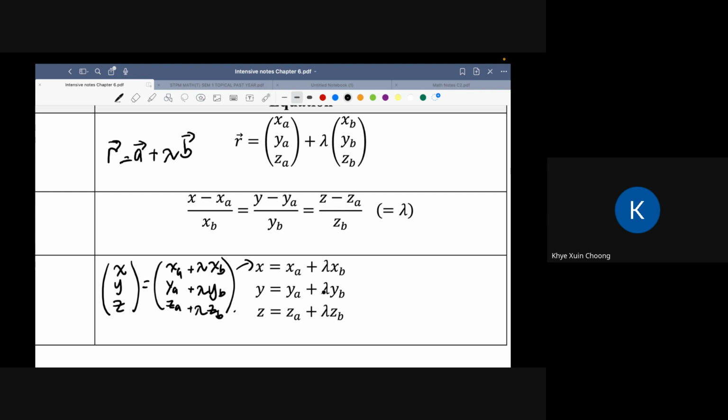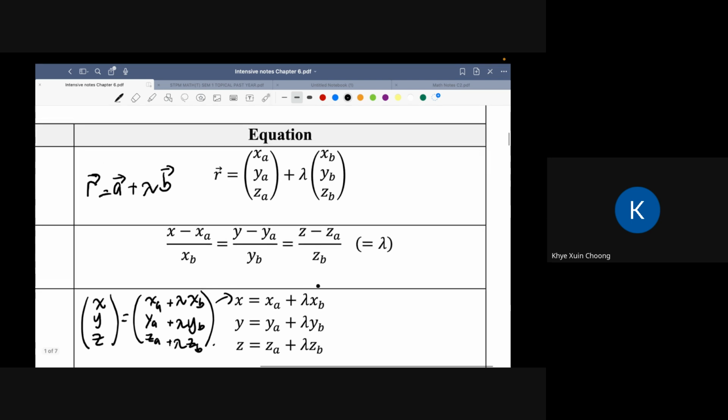So you equate these two matrices, and you get your parametric form: x equals xa plus lambda xb, y equals ya plus lambda yb, and so on. You directly get the x, y, z only. If you have the parametric form, you can solve for lambda. From here, lambda equals x minus xa over xb.